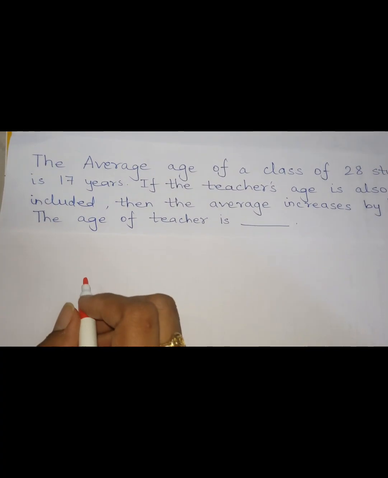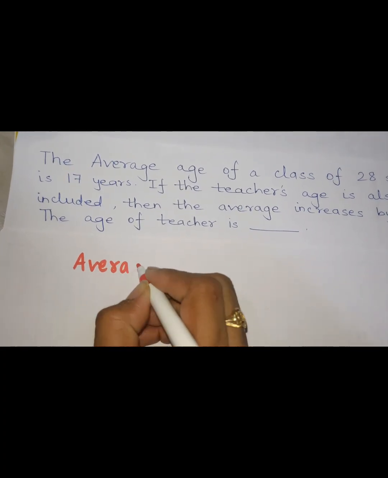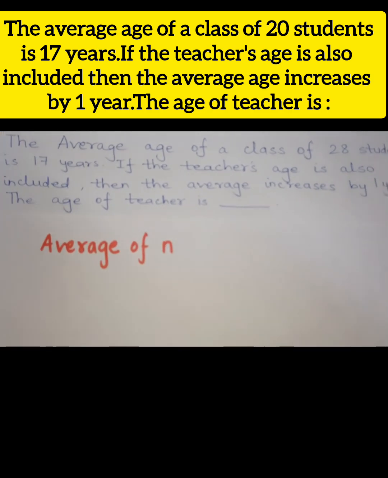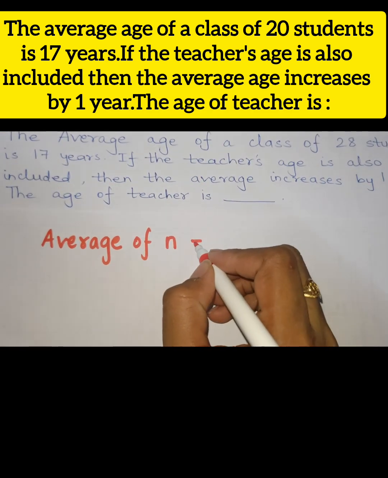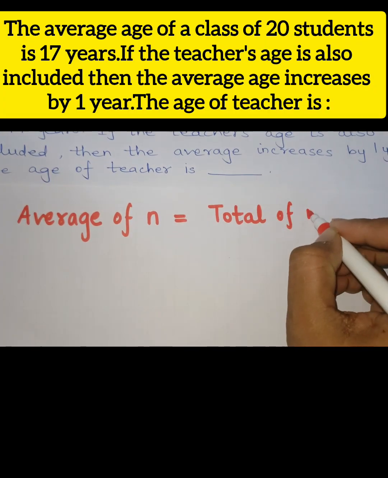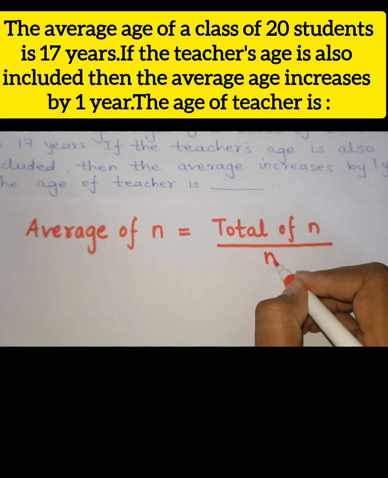What you need to remember is, if you are given the average of a certain number of things, say n things, how will you solve such questions? It means total of n values upon n.